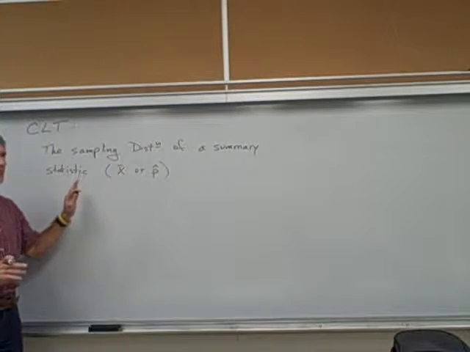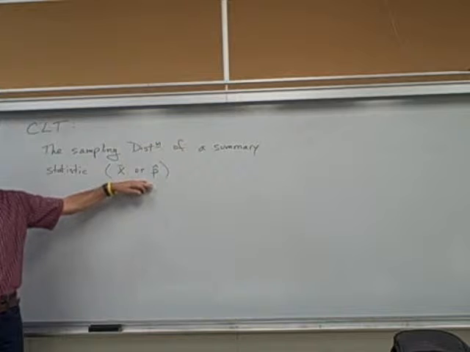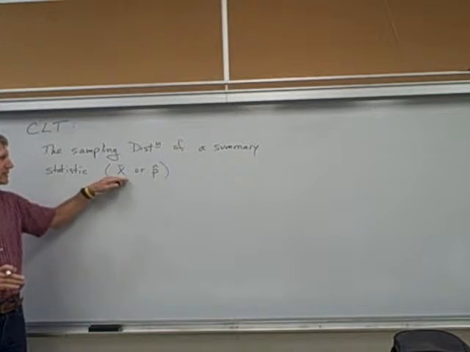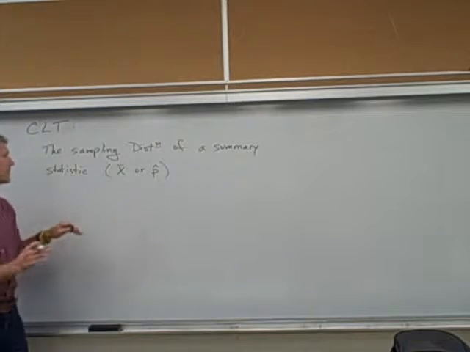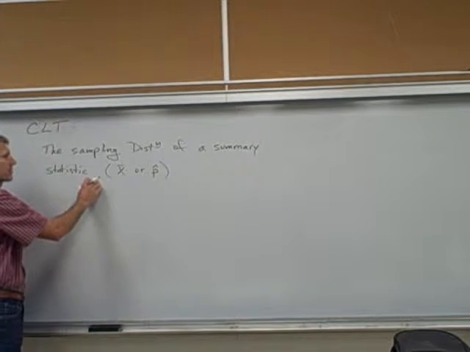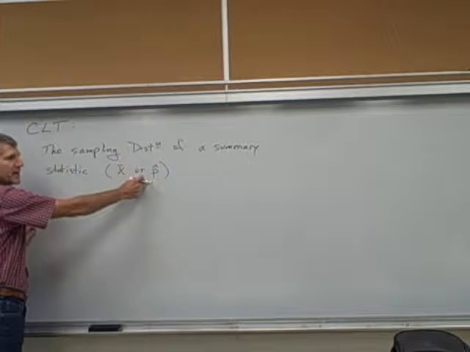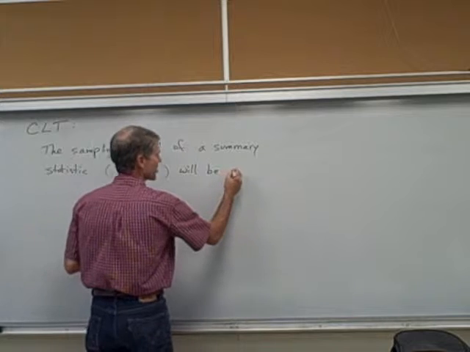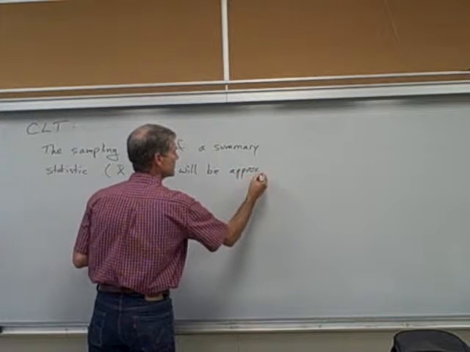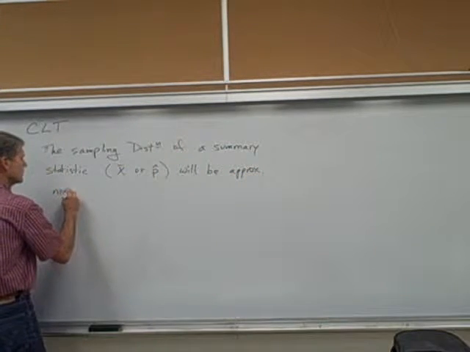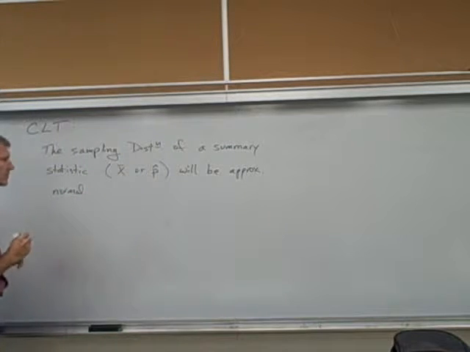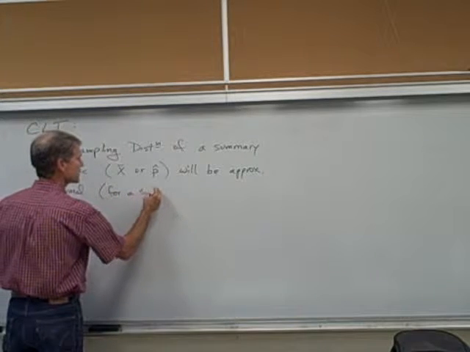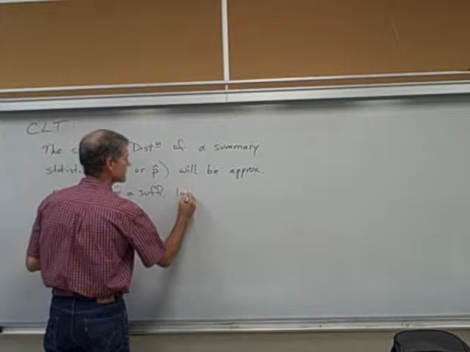The central limit theorem applies to a lot of different summary statistics, but these are the only two that in this class we'll worry about their sampling distribution. Okay? So the sampling distribution of a sample statistic like x bar or p hat will be approximately normal, and I'm going to put in parentheses for a sufficiently large sample.